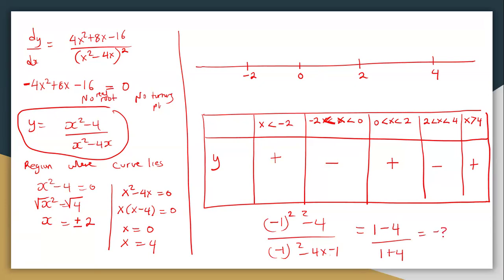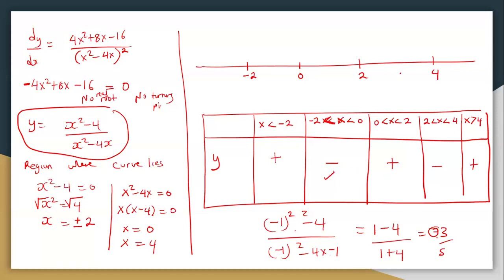So which gives us -3 over 5. So this is negative. Now have you seen that when you insert -1, you get a negative? Yes. So I think you made an error somewhere.